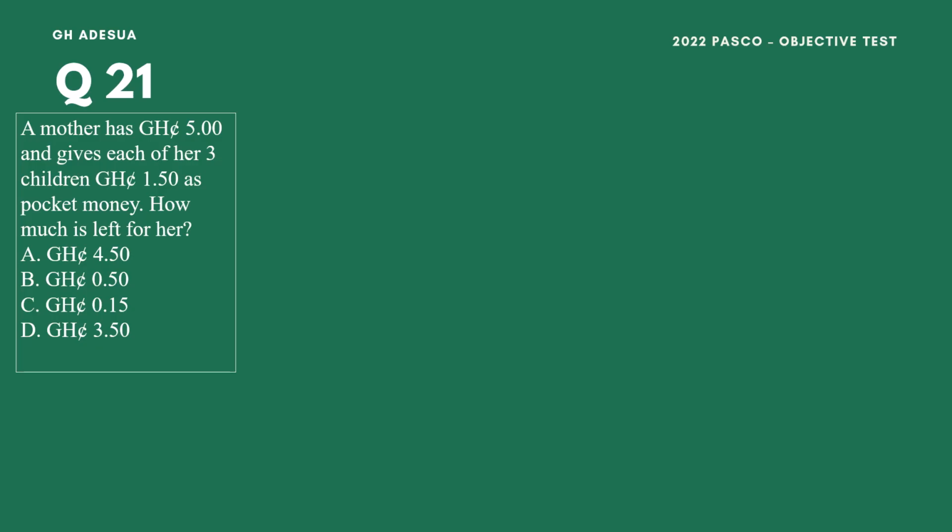We know that from the data, the mother has 3 children, and she gives 1.5 cedis to each of them. The first thing is for us to note the actual amount that the mother has, which is 5 Ghana cedis.